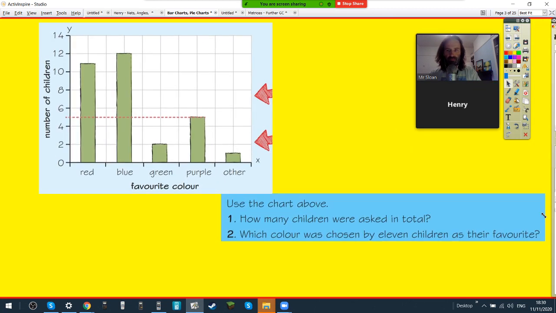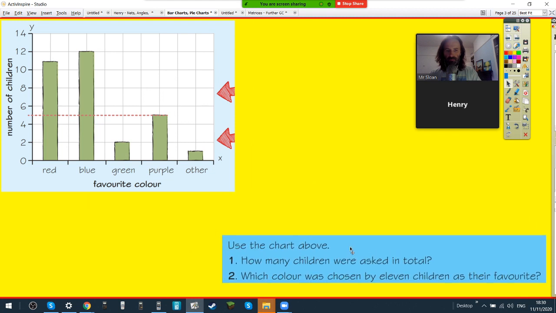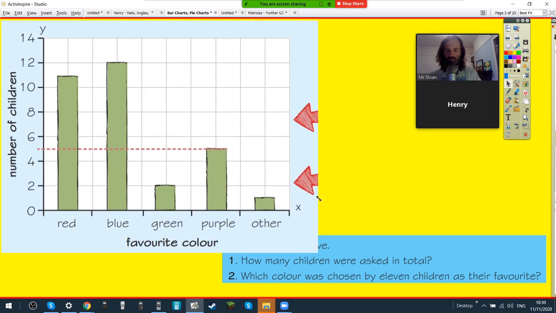This is the chart above. How many children were asked in total? 12 add 10 is 22. 22 add 2 is 24. 24 add 5 is 29. 29 add 1 is 30. So 30 children in total.